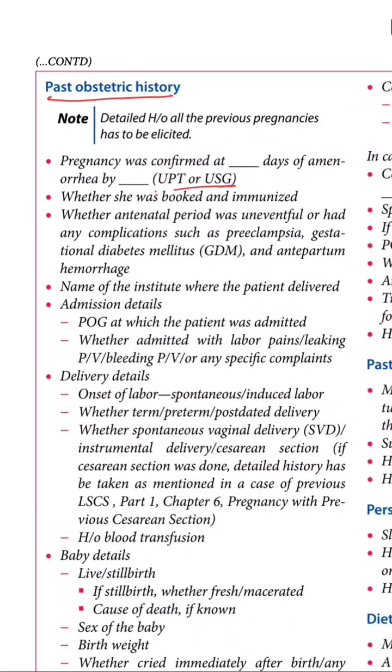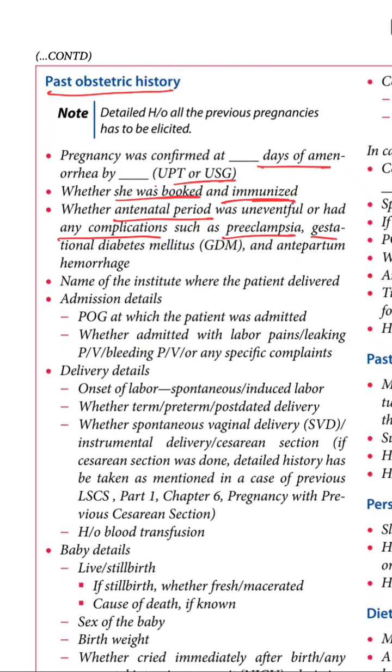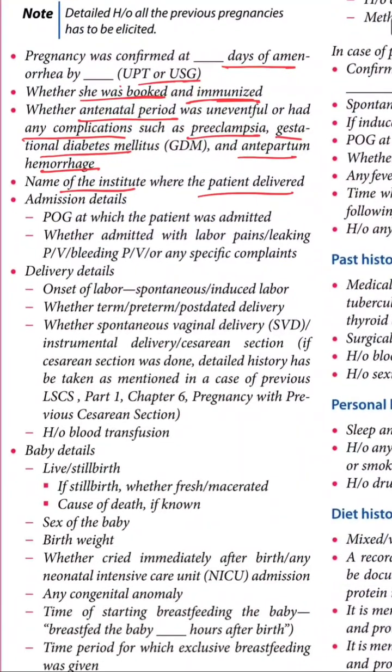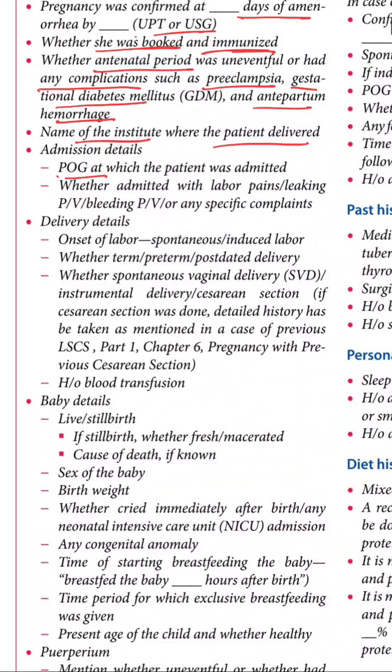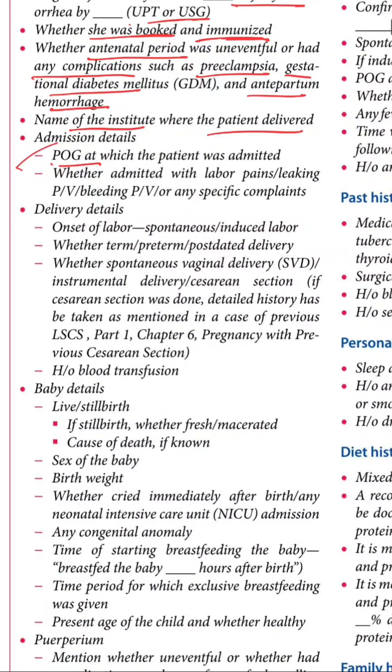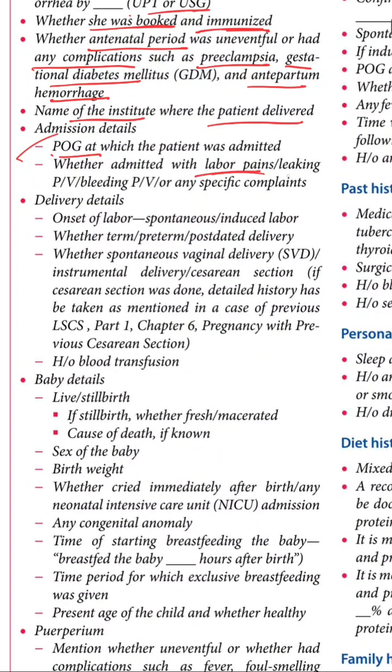Again UPT, UST, how many days of amenorrhea, whether she was a booked case and whether she was immunized, whether the antenatal period was uneventful or had any complications such as preeclampsia, gestational diabetes mellitus or antepartum hemorrhage, name of the institute where the patient delivered, admission details like period of gestation at which the patient was admitted, whether admitted with labor pains or leaking PV, like that.